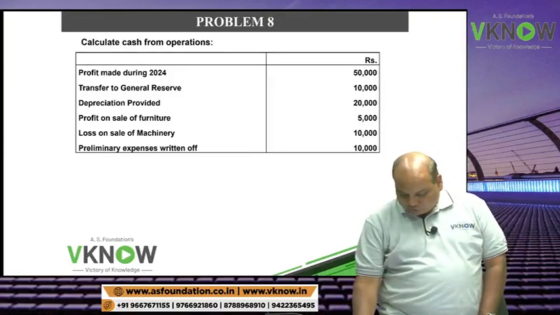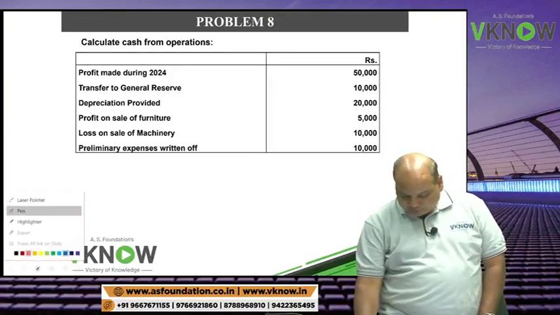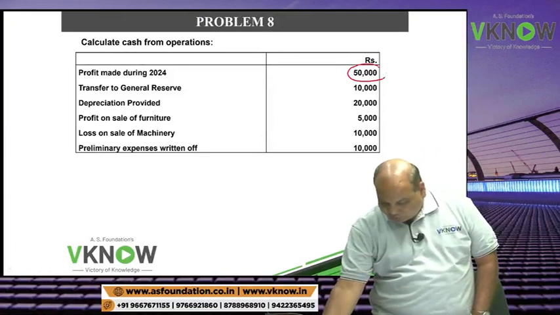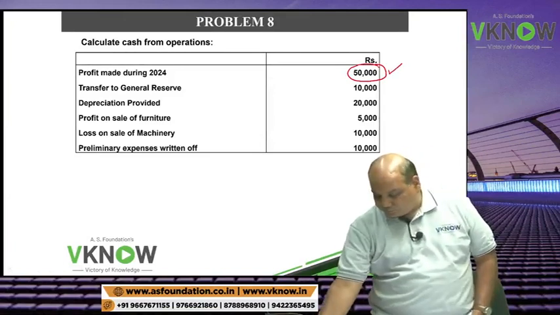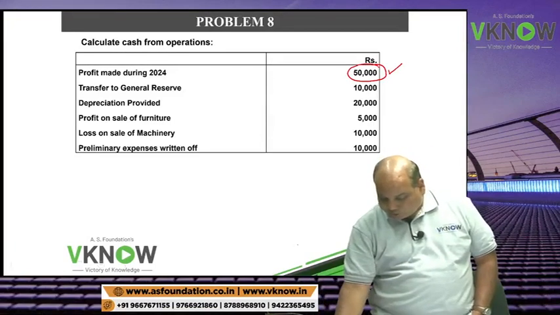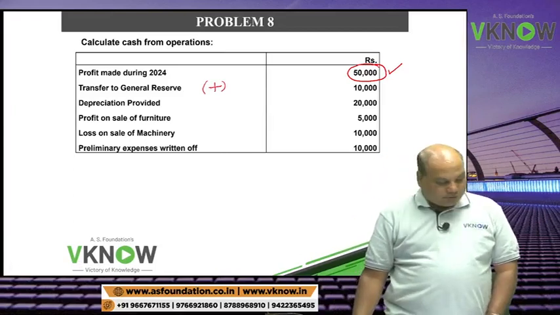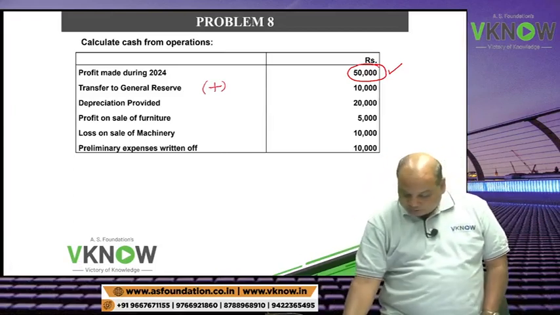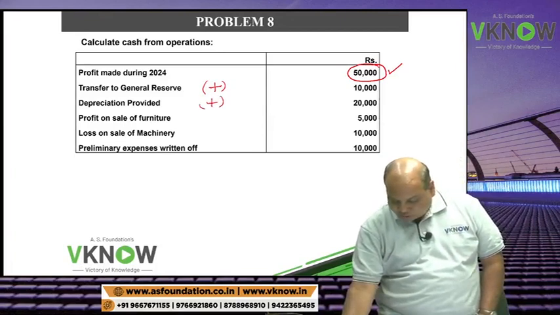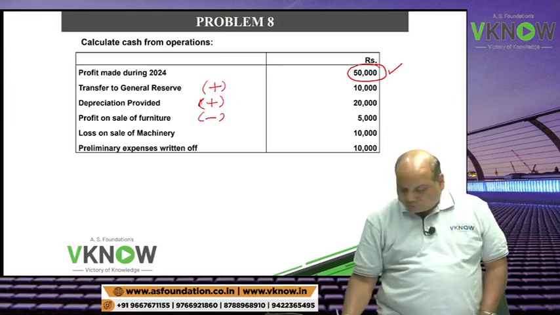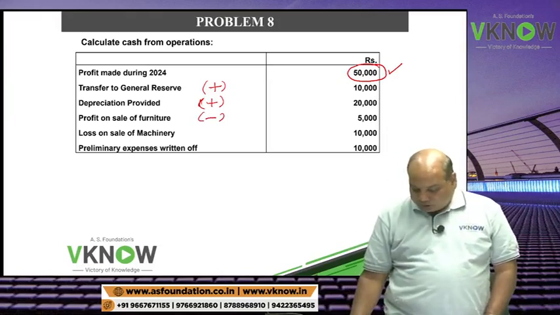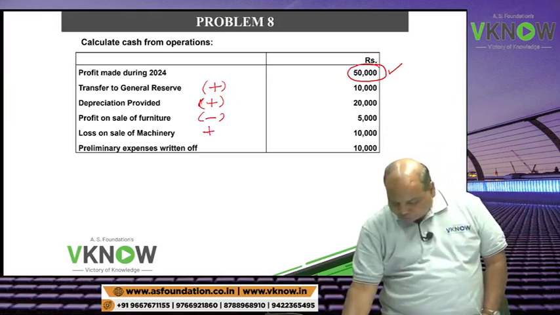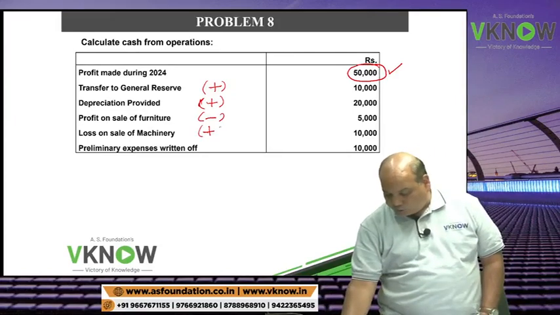Okay. So what I am going to do, I will first explain. I will start from 50,000. Transfer to general reserve, add back. Depreciation, non-cash item, add back. Profit on sale of furniture, minus. Loss on sale of furniture, add back. Non-cash item.